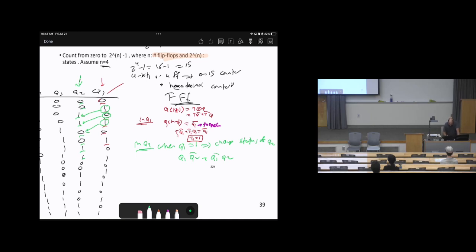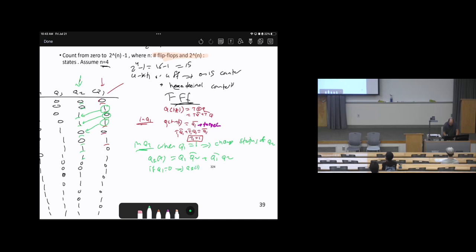If that's Q2 of T, that's what's happening. If Q1 is 0, what will happen?